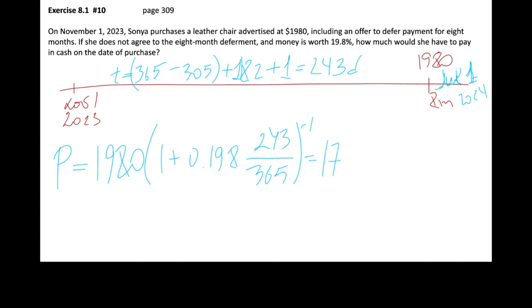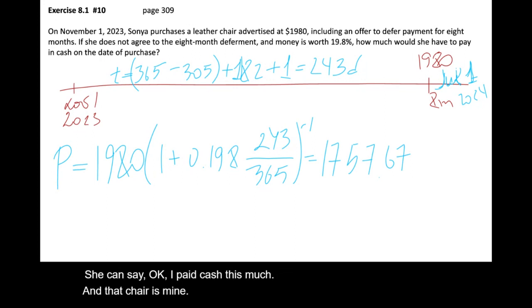So she can pay this much. She can say, okay, I pay cash this much, and that chair is mine. Any questions, people?